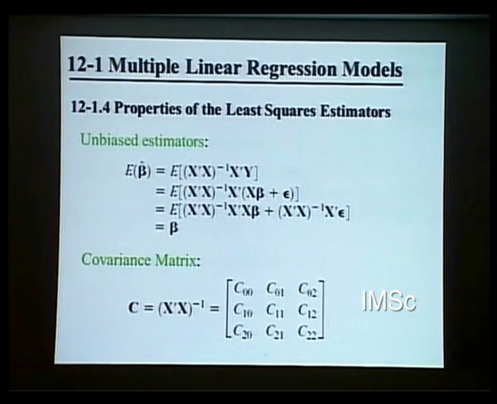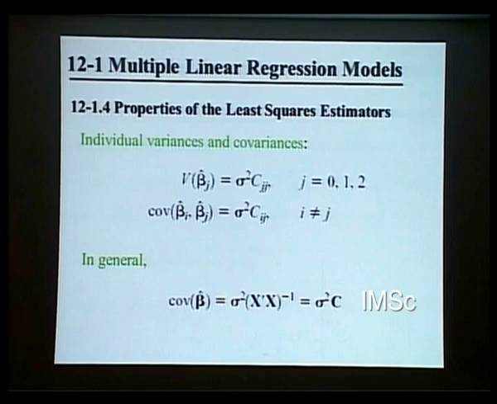Moving on, the estimator beta hat is the estimate of beta. You can show that it is unbiased. And then you can also come up with the variance of this beta hat, which simply turns out to be x transpose x inverse times sigma square, which is the error variance.